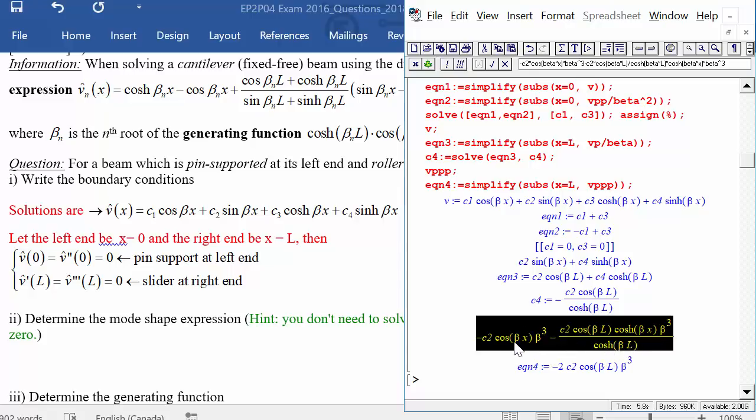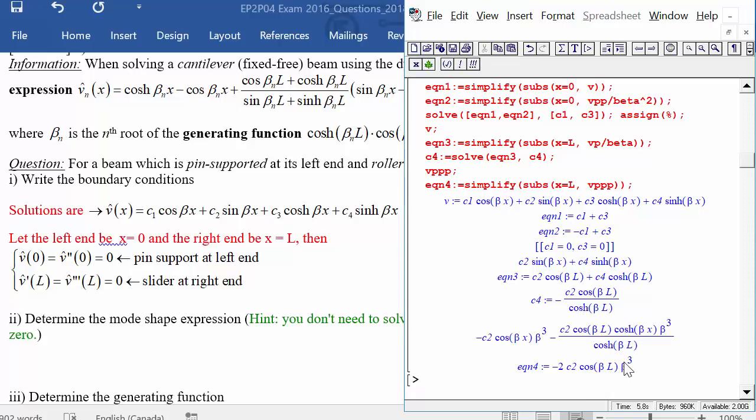We're left with just the same thing twice, so we have this negative 2 cos of beta L times beta cubed. We can get rid of the beta stuff and the c2 in front. To make this equal to 0, we need the cosine, the trig term, to take us to 0. So the generating function is just that cos of beta L is equal to 0.